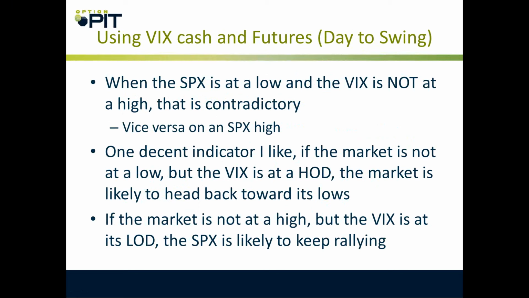Okay? So when the SPX is at a low and the VIX is not at a high, that's fairly contradictory, meaning the market's sold off, but the VIX is not rallying. So what's basically happening is options are not buying the sell-off.